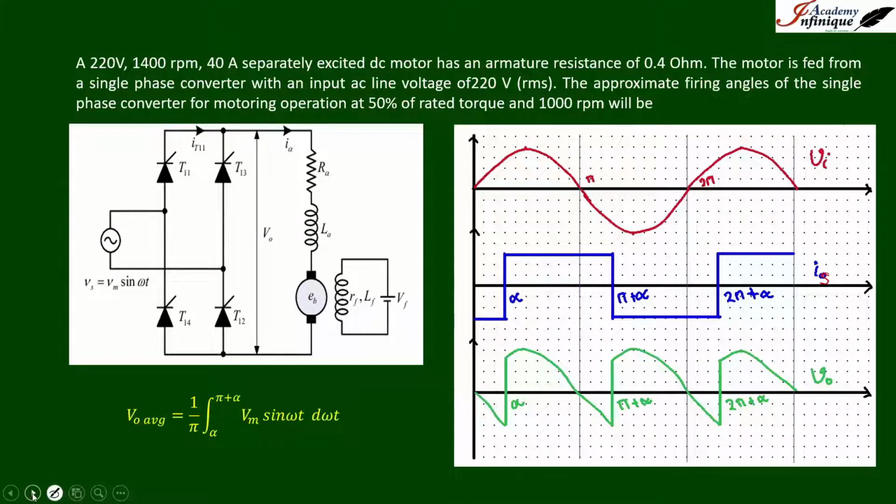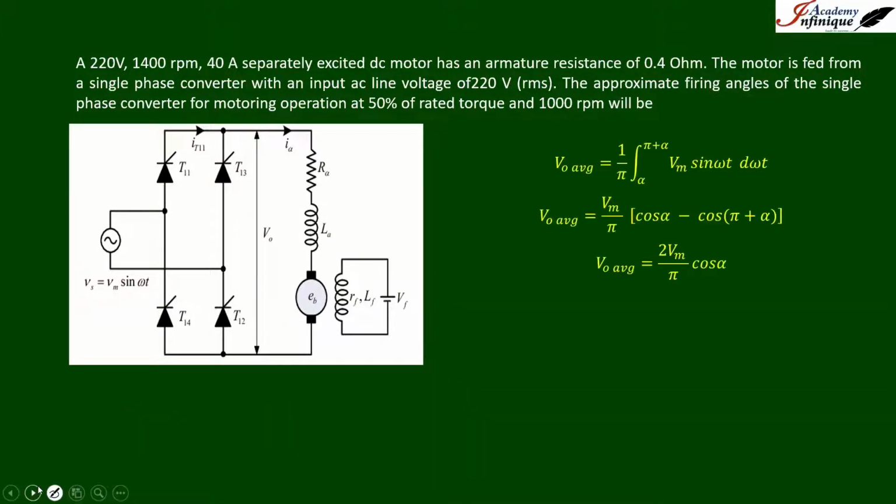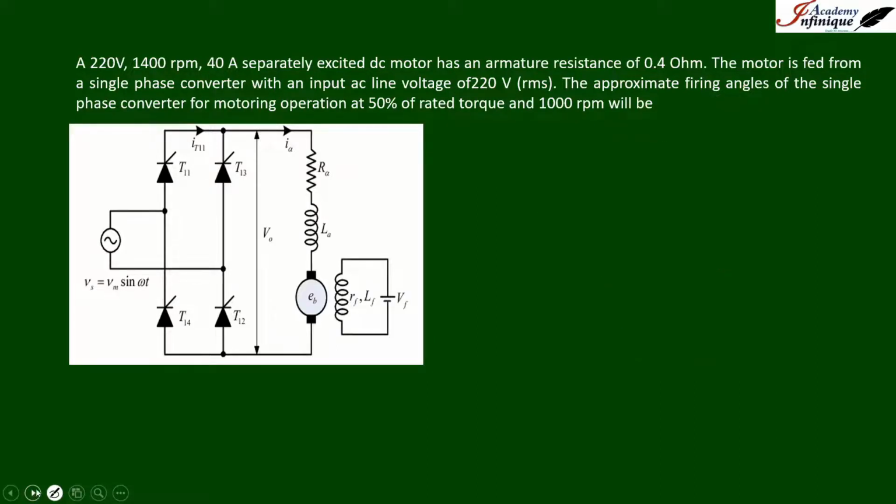Now, if we do the integration, the result will be V0 average equals 2Vm by pi cos alpha. This output voltage should be equal to the terminal voltage of the DC motor. Then only the converter will be able to run the motor as mentioned in the example.